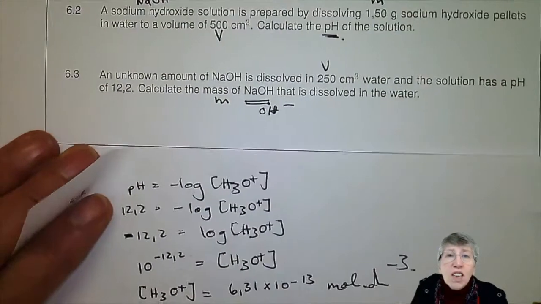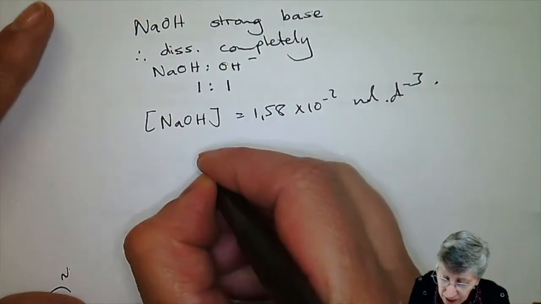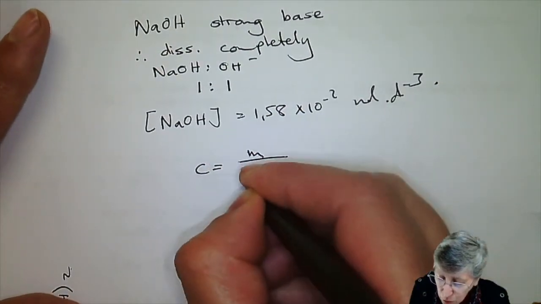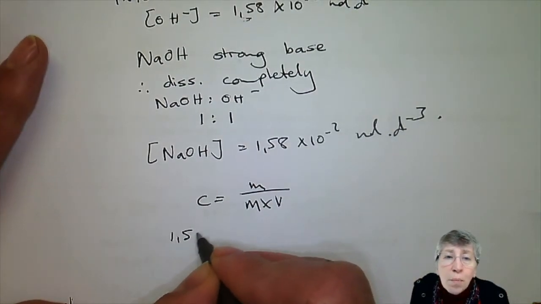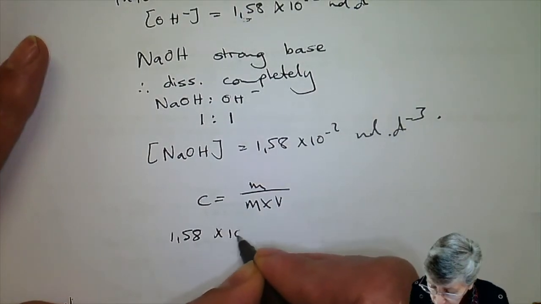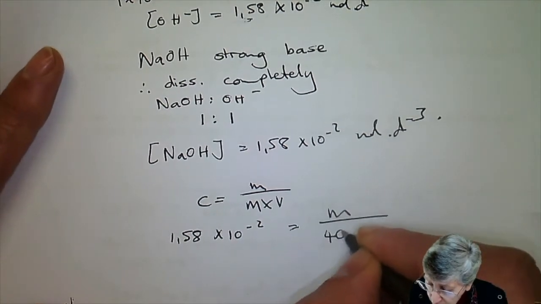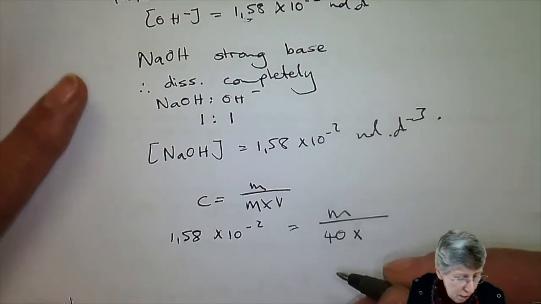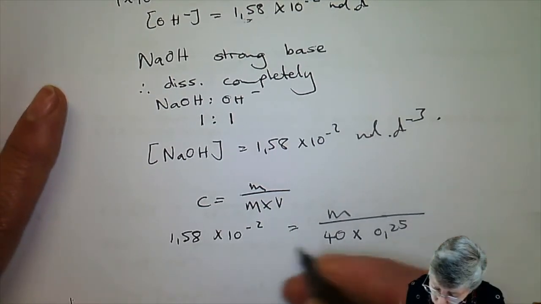But they're not asking concentration, they want mass. So once again, we're going to use C equals m over M times V, right? Concentration 1,58 times 10 to the minus 2. We're looking for the mass, molar mass 40, and volume, they've given us the volume, and that was 0,25, right?